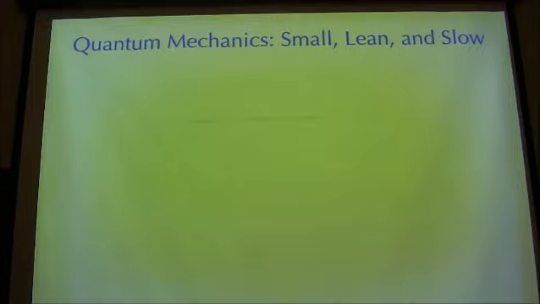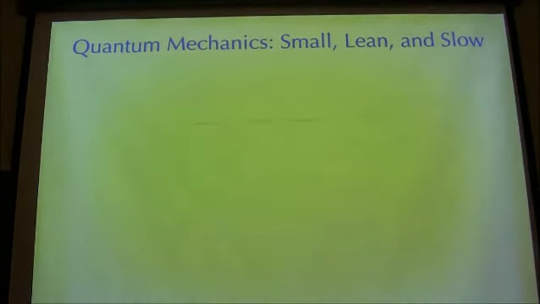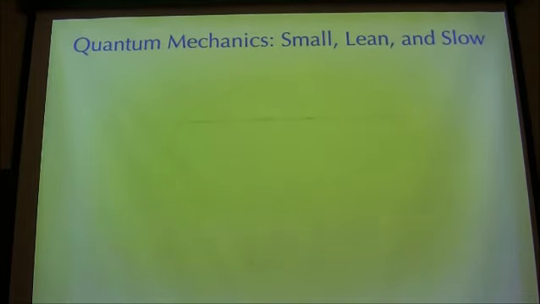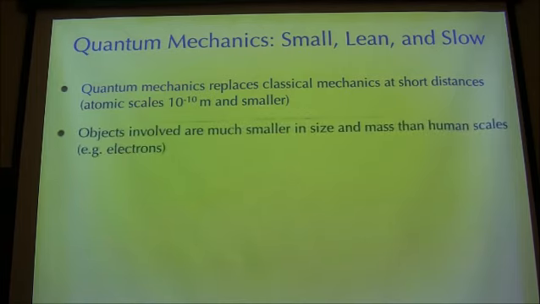So I want to now shift to quantum mechanics. This is the world of the small, the light, and the slow. What this means is things that are below human scale. At that subhuman scale, we replace classical mechanics with quantum mechanics to describe the atom and so on.